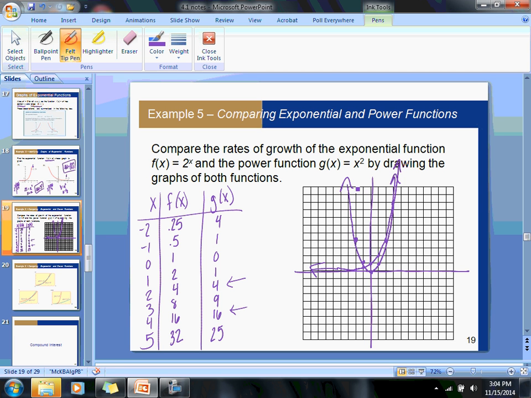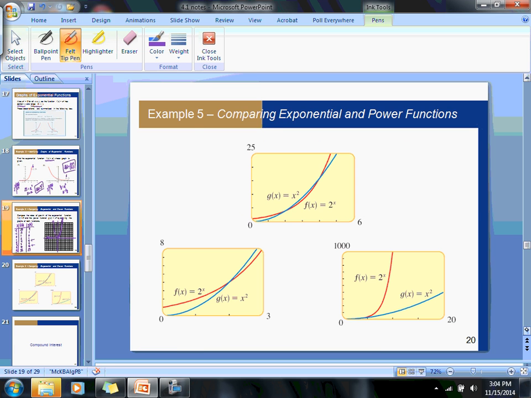And then it says to compare the rates of growth. Well, obviously you can tell that the exponential function is going to grow much faster. And what the book does a good job of is that it really zooms in on a couple of the values. Okay, at 2, I guess this would be 2, 4.